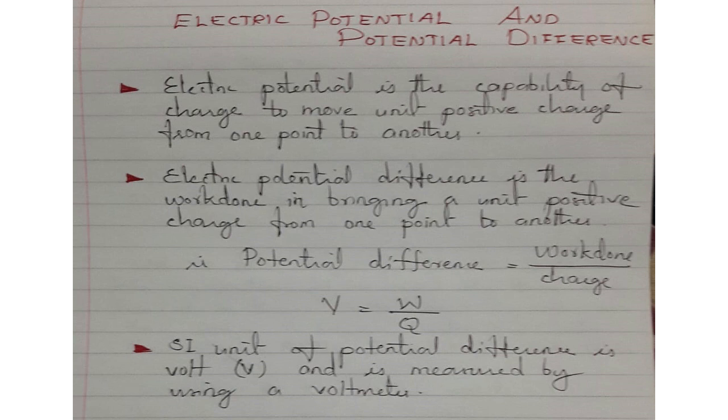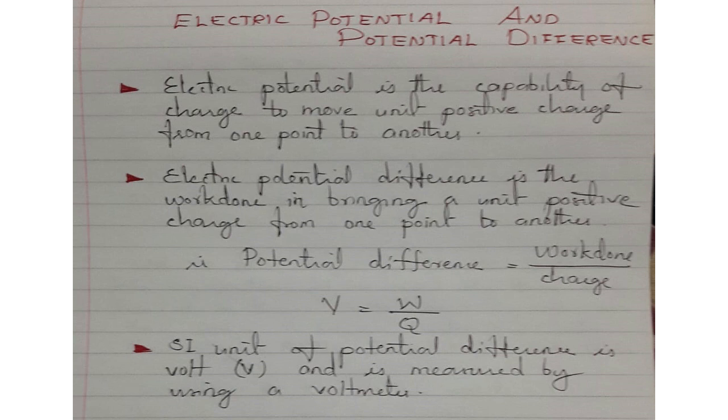From this formula we can find the unit for electric potential, and it is found that the unit of electric potential is joule per coulomb. It is also called a volt. So the SI unit of electric potential and also the electric potential difference is volt. Its symbol is also capital V. The potential difference is measured by using a device called the voltmeter.